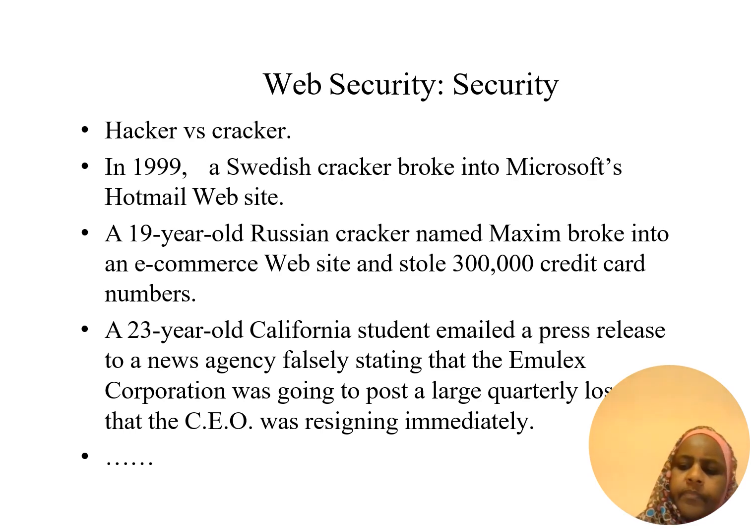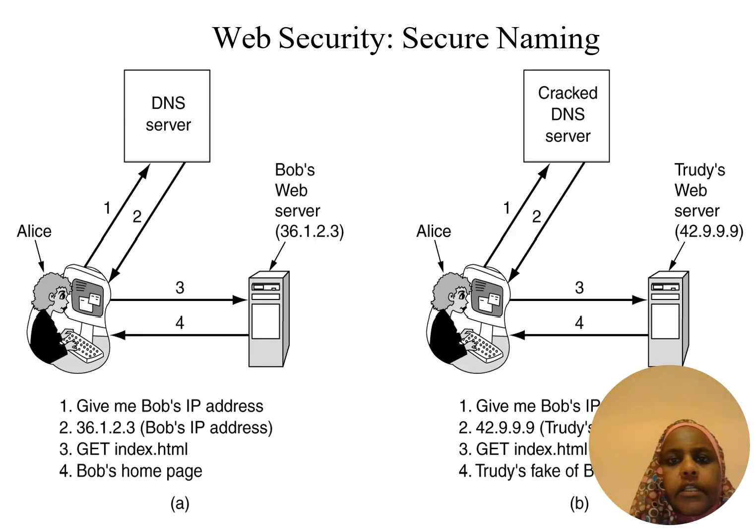To provide security on the application layer, many techniques and technologies are used, as we have seen in email security. The next step is secure naming. That means securing DNS systems so that they won't be hacked.